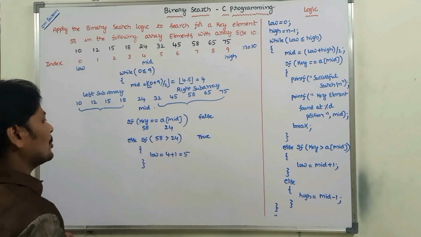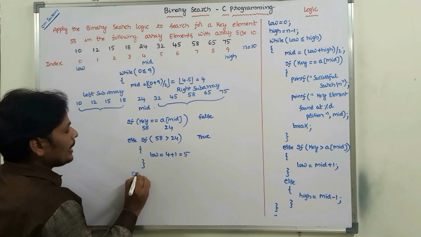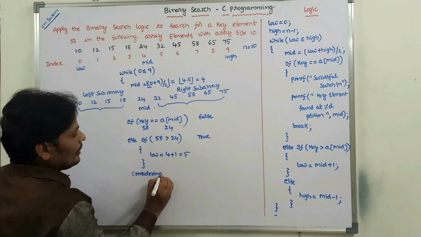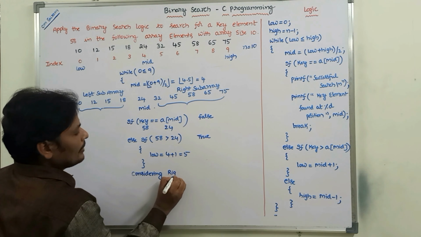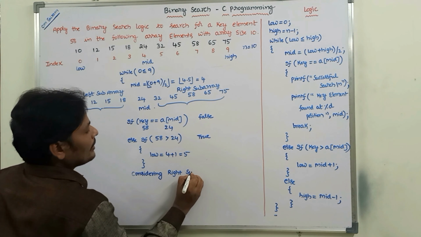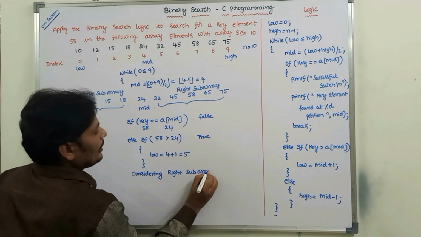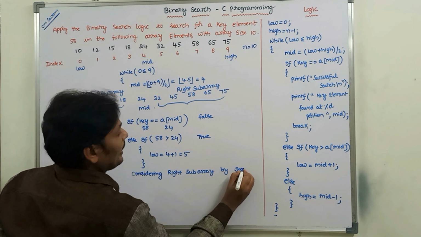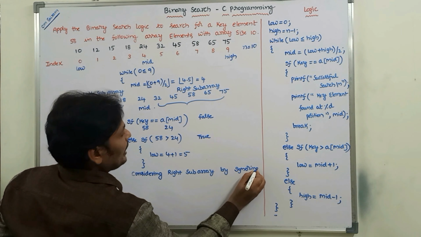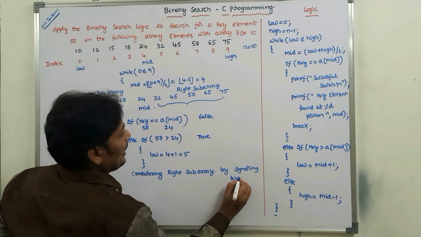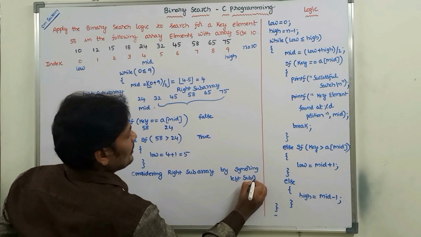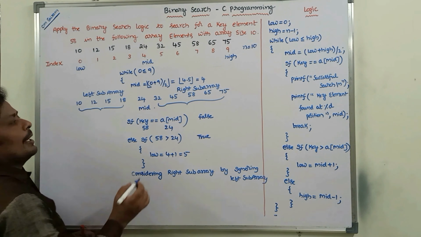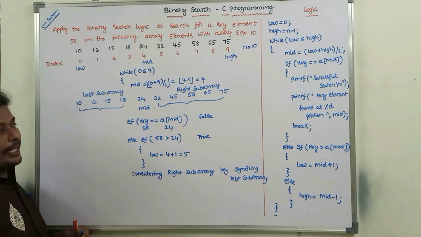Okay, so considering the right sub array by ignoring the left sub array. After ignoring the left sub array, only the right sub array is considered.